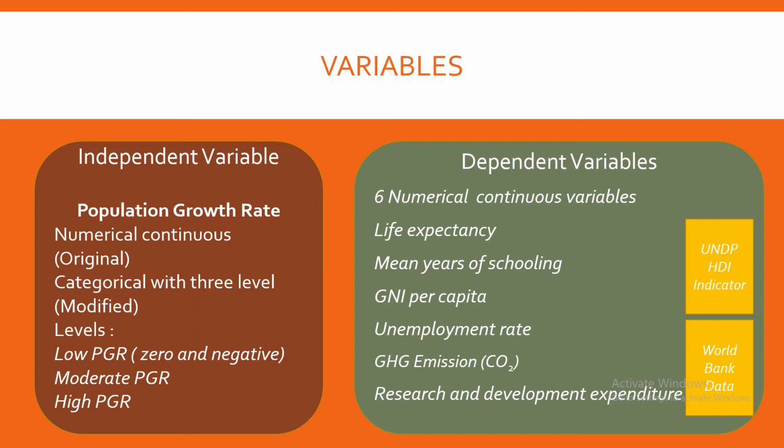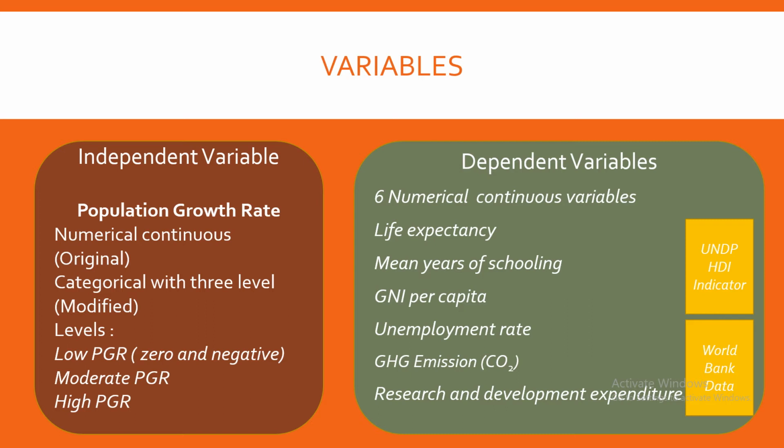Which are all numerical, continuous variables, because MANOVA demands this. The variables selected are basically from the HDI: 3 indicators, life expectancy, mean years of schooling, and GNI per capita. Actually there is another indicator in education also, but I have taken mean years of schooling here.